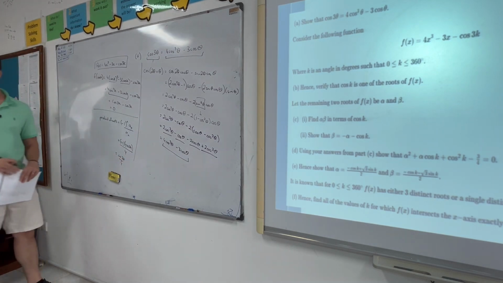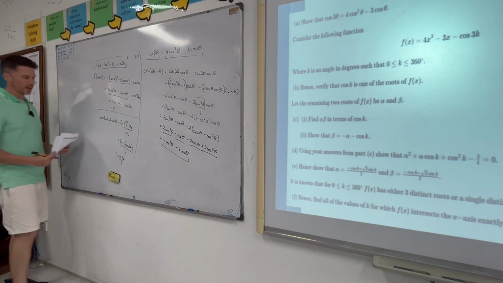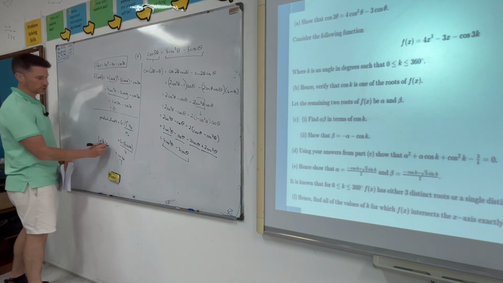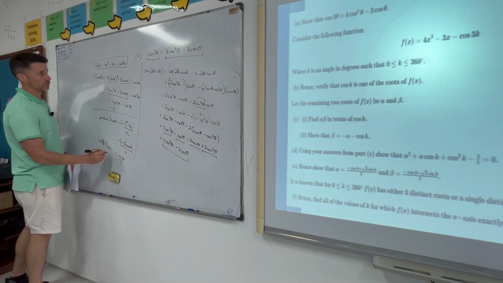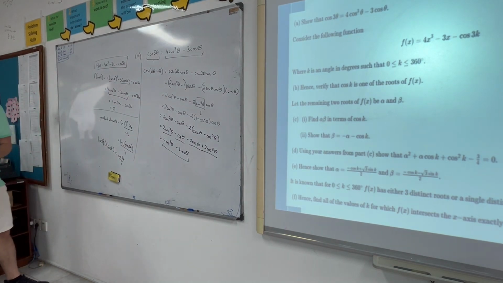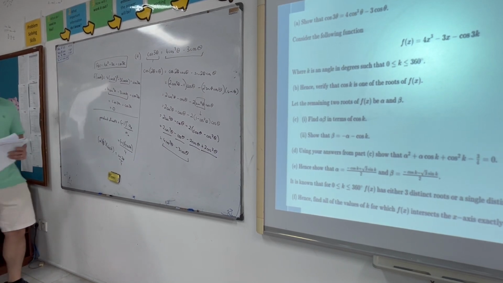Is equal to what? Well, I said it was the product of the roots. So alpha times beta times the other root we got, which is cosine k. So how can we write this?